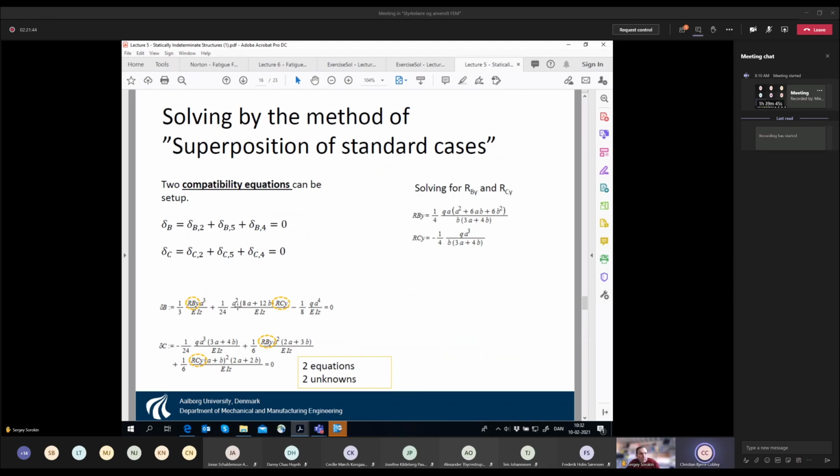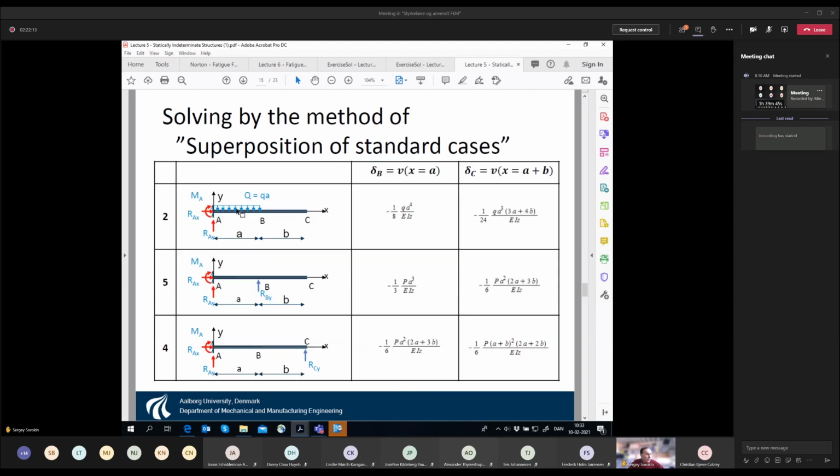Okay, the first line, delta B equal to a third RBY, A cubed, etc. Is there not a mistake in that? I couldn't quite get it to work in terms of the 3 values that were given for delta B. They don't match the values on the formula there. Yes. In real life, point B has displacement due to the action of these 4 forces, right?